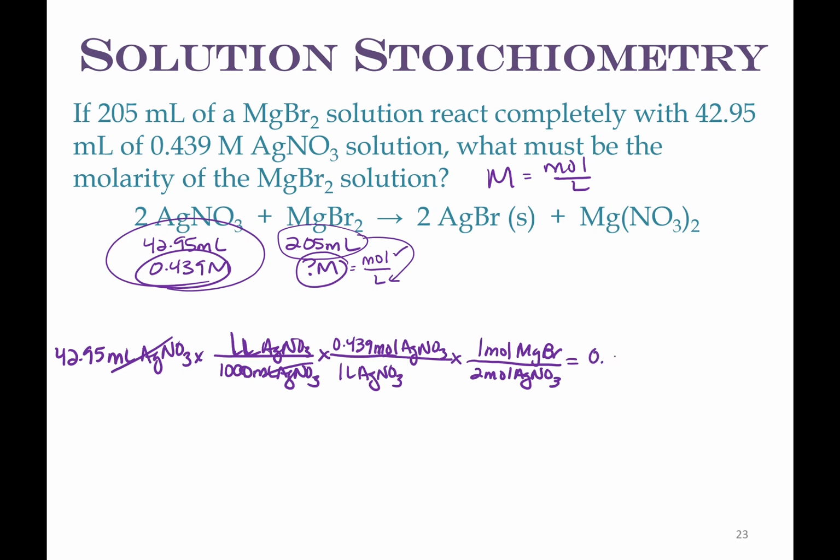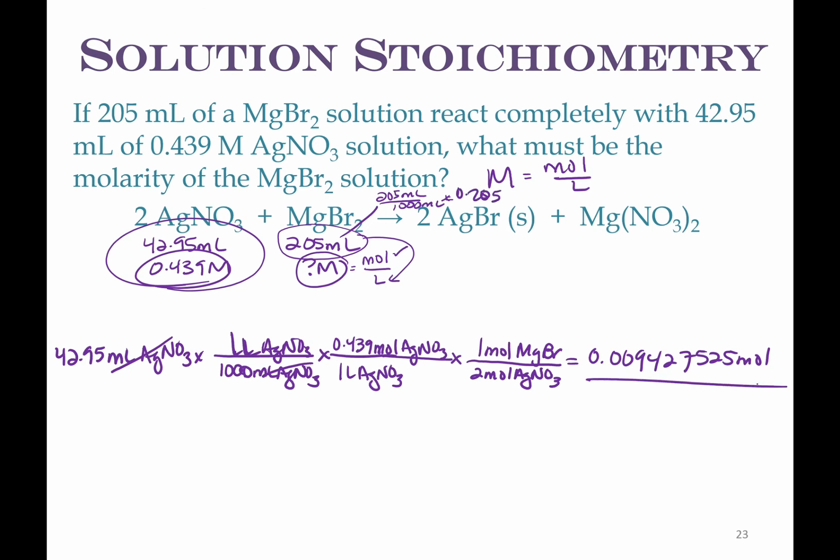We get 0.009427525 moles, and 205 milliliters divided by 1,000 milliliters is equal to 1 liter. So 205 divided by 1,000 is 0.205.